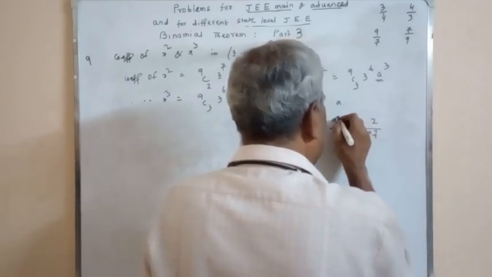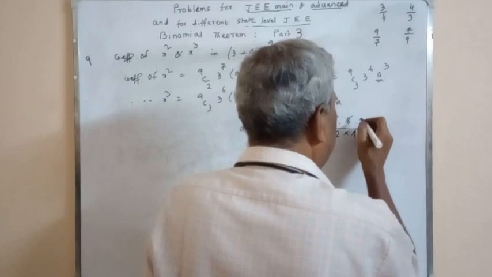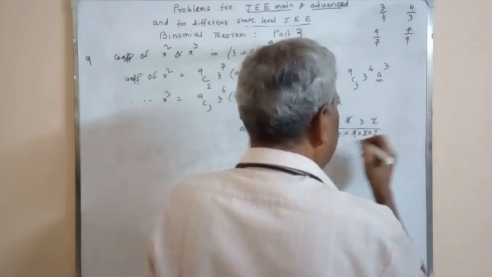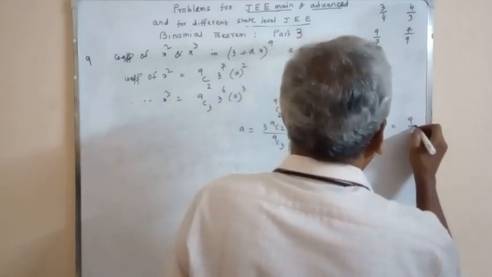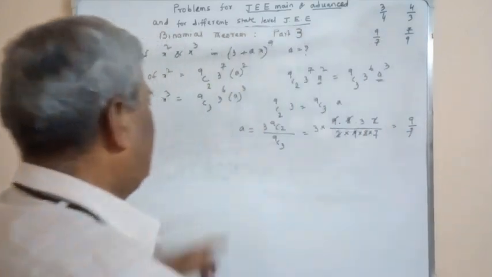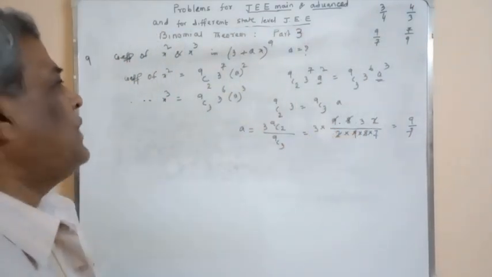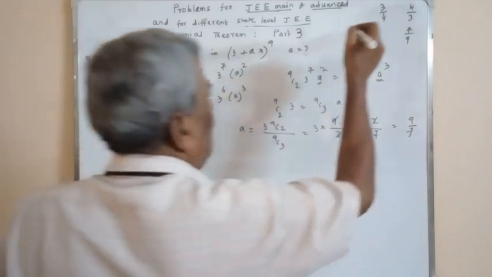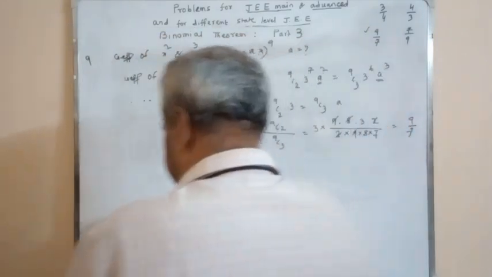So 9 and 8 cancel, 2 will be cancelled, so it is 9 by 7. So a is equal to 9 by 7. So option C is correct.